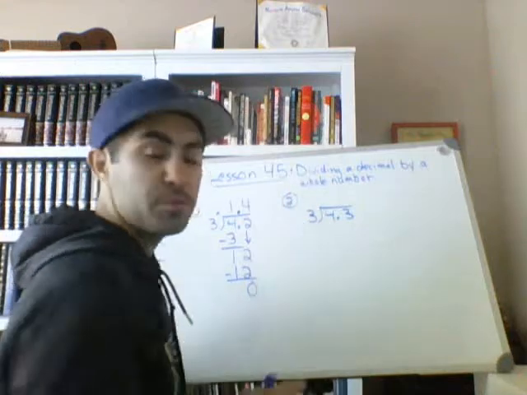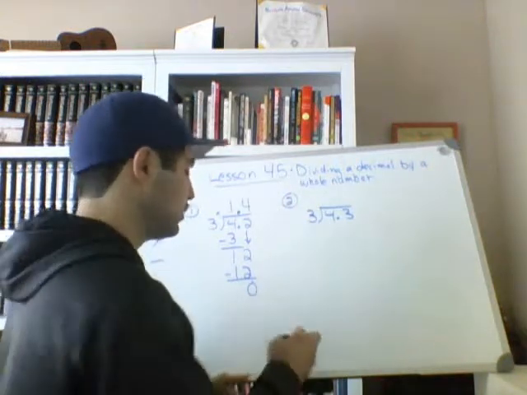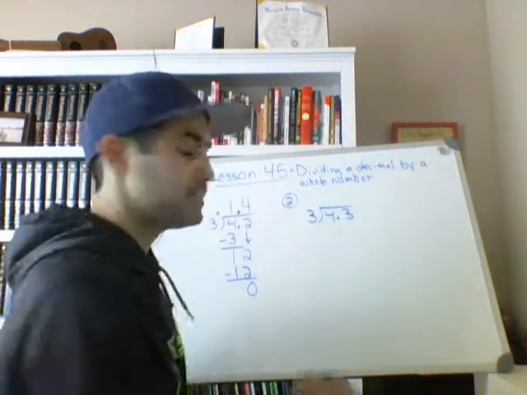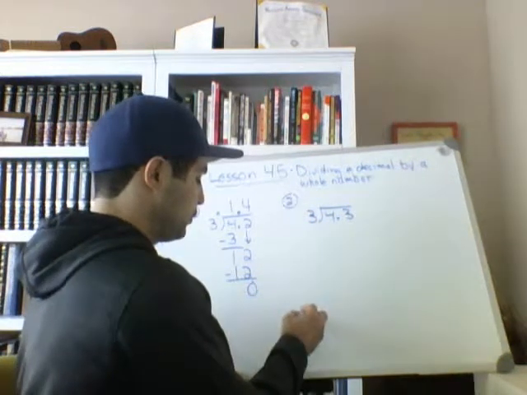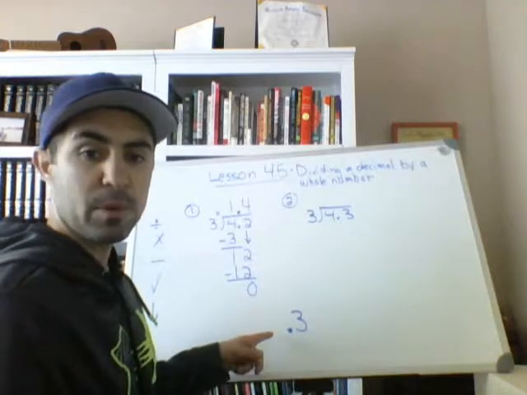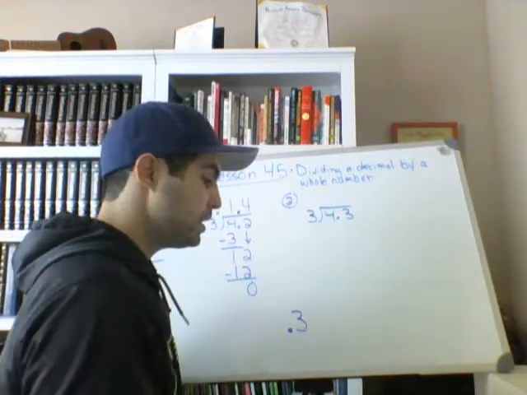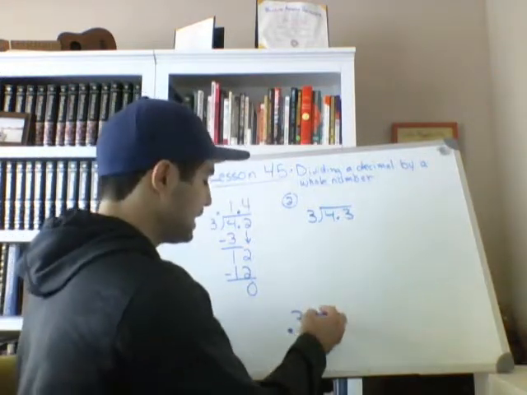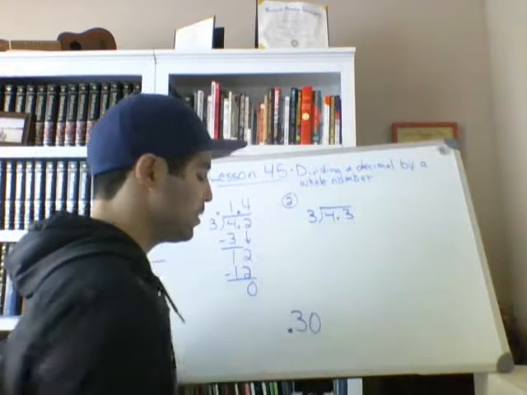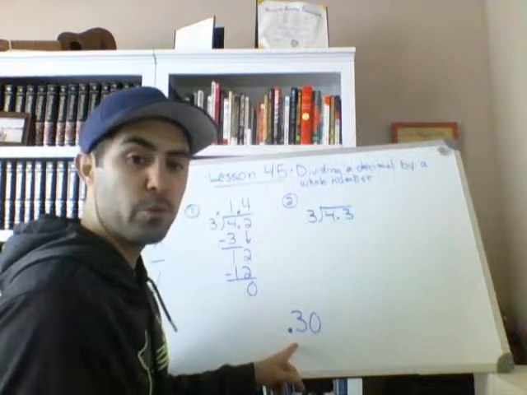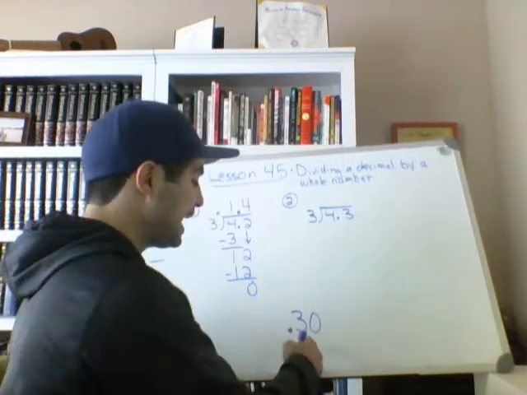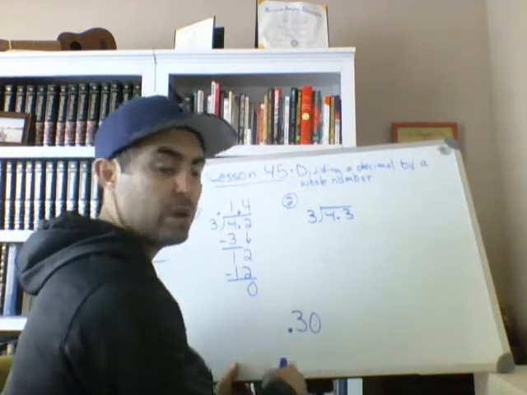Alright, so before I do this problem, I'm going to draw your attention to what we learned yesterday, or last lesson, depending on when you learned it. Alright, so 3 tenths. Just look at this number right here, 3 tenths. We learned in lesson 44 that I can add a 0. Now the rule is, any number to the right of the decimal, I can add zeros after the non-zero number.